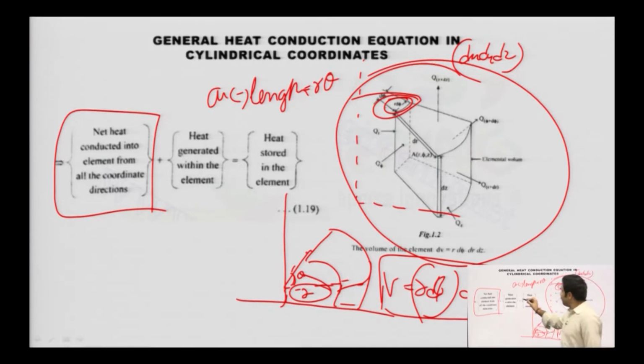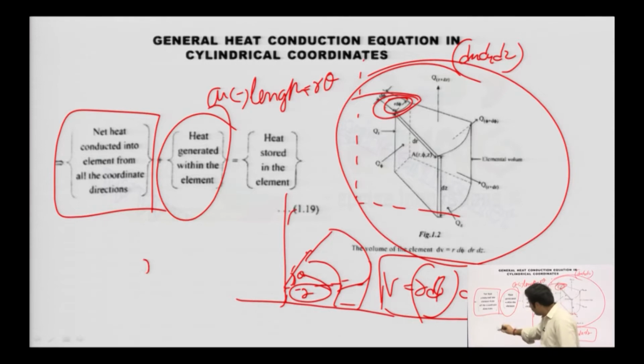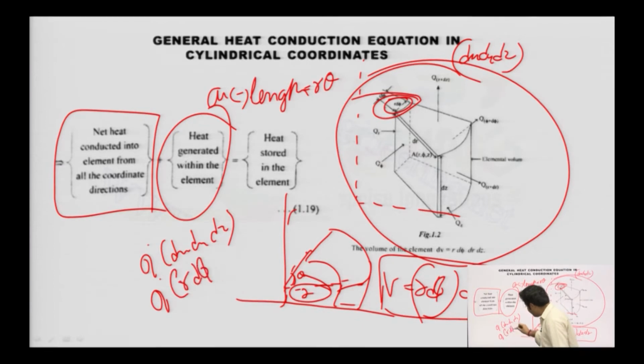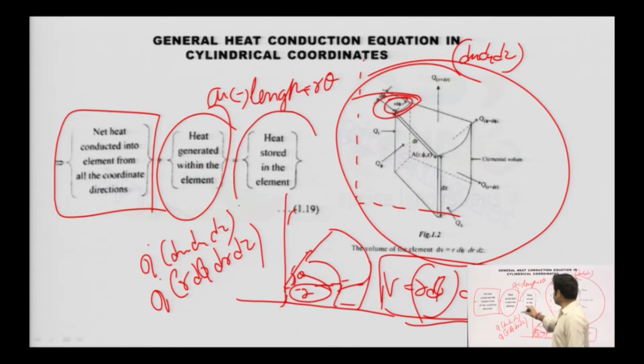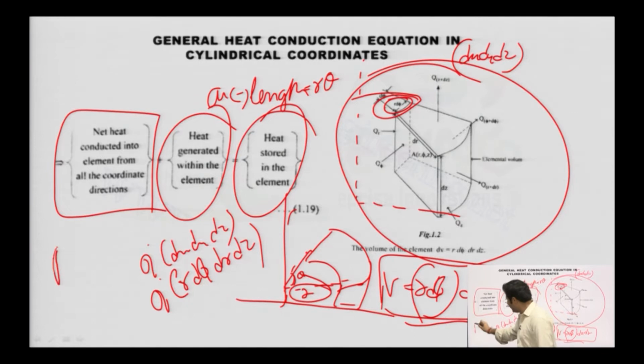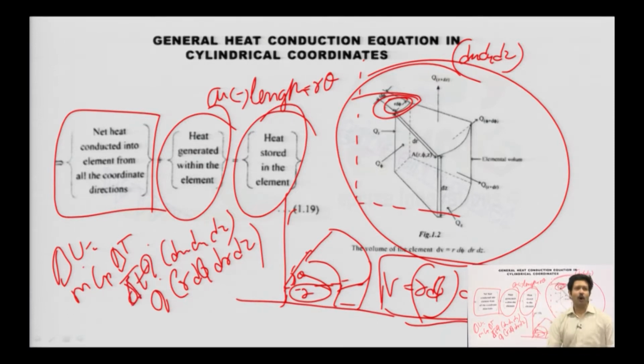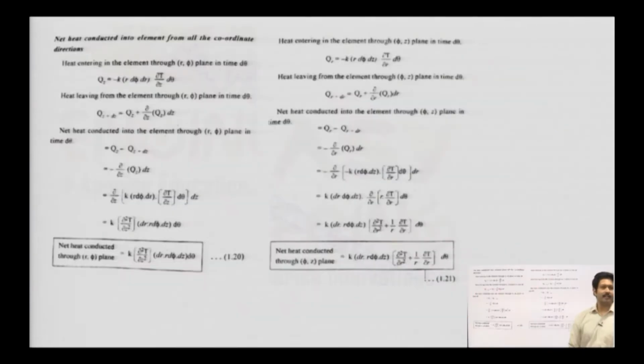Plus heat generated within the element, which was dx dy dz earlier, so here the volume will be r d phi dr dz. This equals the heat stored in the element, again delta u, which is m dot Cp delta T by delta time. Very simple. On similar lines, just the coordinates have changed, the rest is the same.